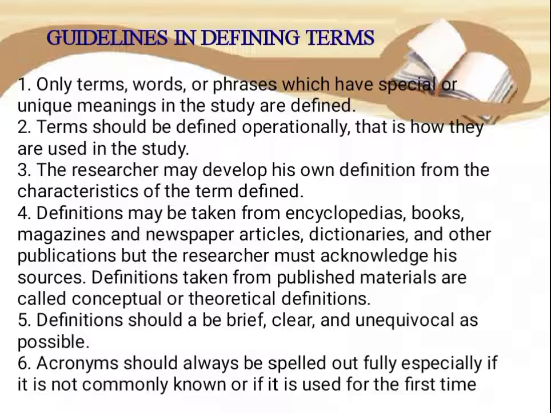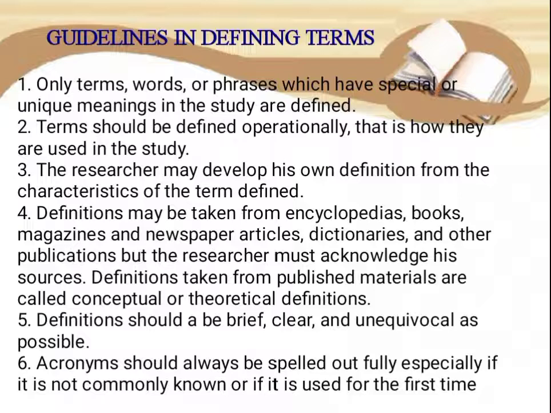Fourth, definitions may be taken from encyclopedias, books, magazines, newspapers, articles, dictionaries, and other publications, but the researcher must acknowledge his sources. Definitions taken from published materials are called conceptual or theoretical definitions.